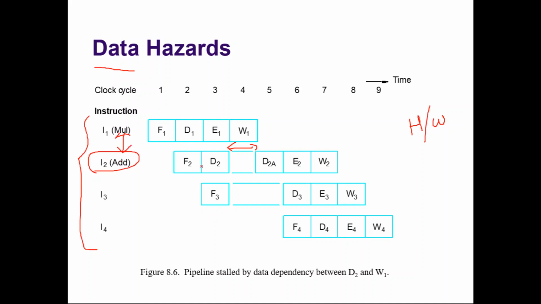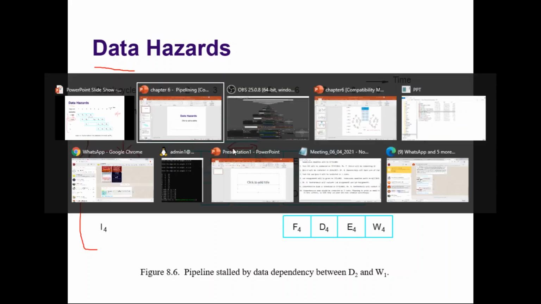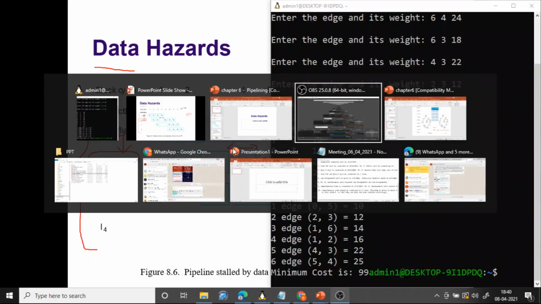The source operand of the second instruction is nothing but the destination operand of the first instruction. So there is a dependency, so the pipeline should be stalled. Like that it is doing.